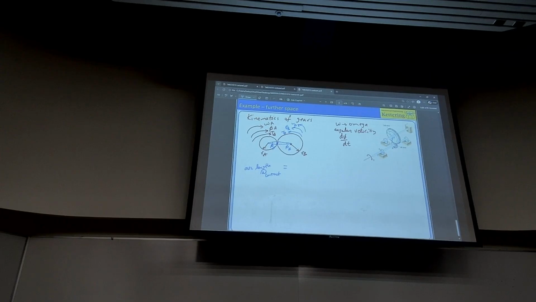And from math, I know that radius times phi gives me that length. So it gives me the relationship that phi B over phi A is inversely proportional to the radii.